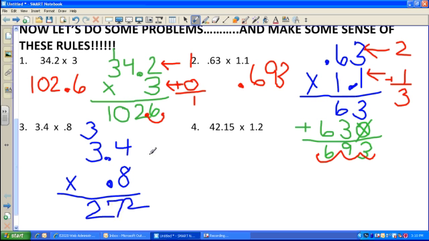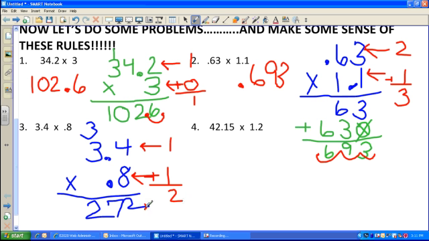Okay, now the next rule says I need to go back, count how many decimal spots I have. So I'll look at the first row, I need to look at the second row. First row I have 1 number behind the decimal point. Second row I have 1 number behind that decimal point, which makes a total of, I add them up, 2. So that means I need to move my decimal 2 spots in my answer.